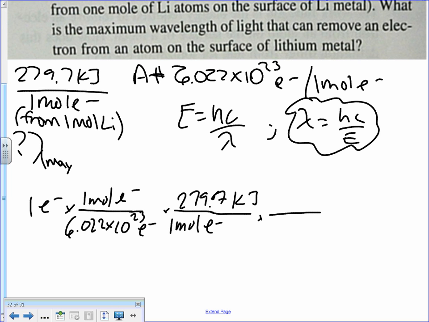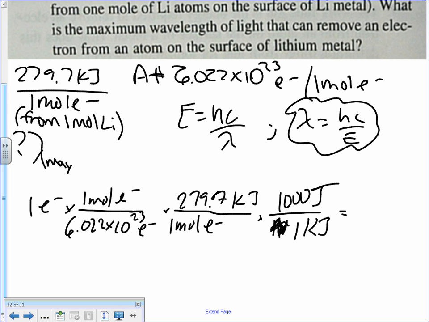There you go. So once you get started, you don't stop. You know how to do stoichiometry. 1,000 joules is 1 kilojoule. And that gets us energy. That energy we can plug into the energy equation and solve for wavelength.